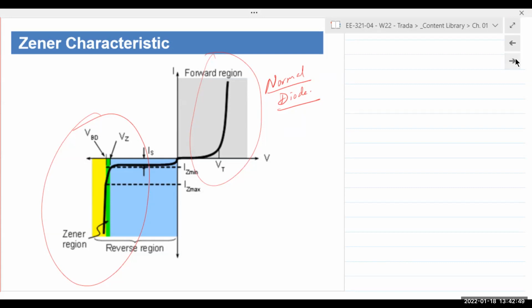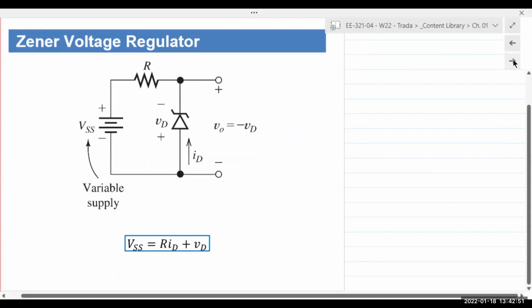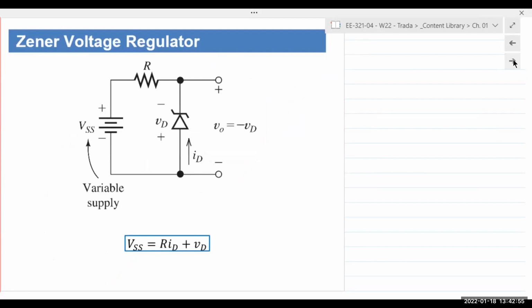Anyway, from here we look at the application, the whole reason why we started looking into Zener diodes, which is a Zener voltage regulator. If we have a circuit and you connect a Zener diode at the output, the presumption is that no matter what voltage you apply, once the Zener diode breaks down, it is going to hold the output voltage constant.